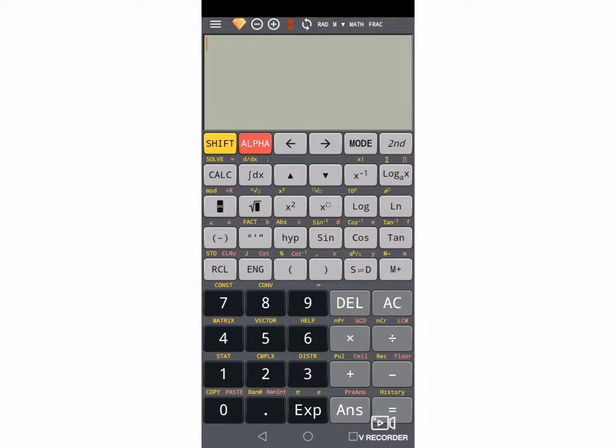Shall we start from 2P3? That is 0. How about 3P3, or permutation of 3 taken 3 at a time? The answer is 6. How about 4? So 24. How about 5? So 60. Therefore, the value of n is equal to 5.